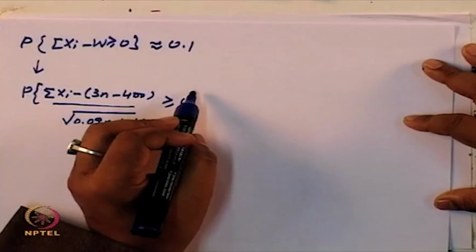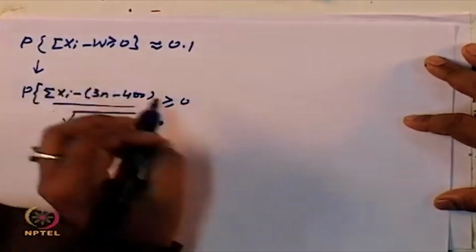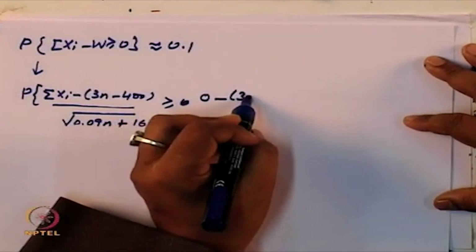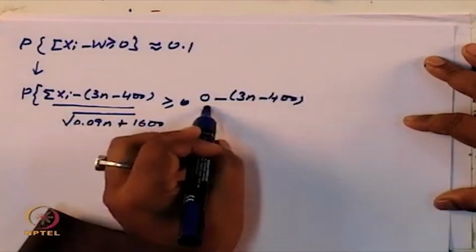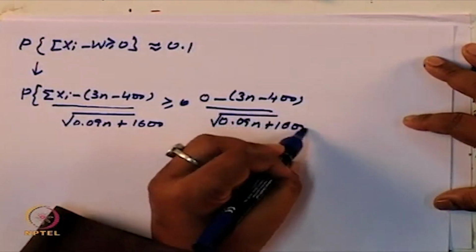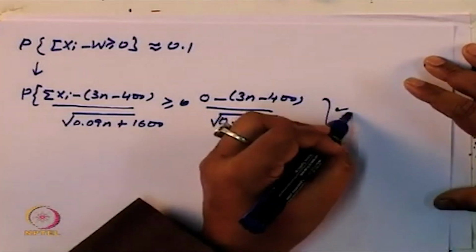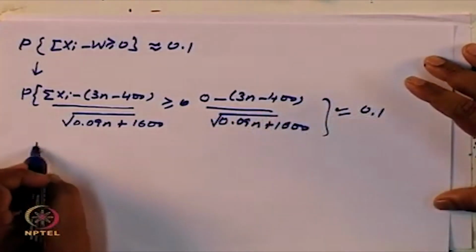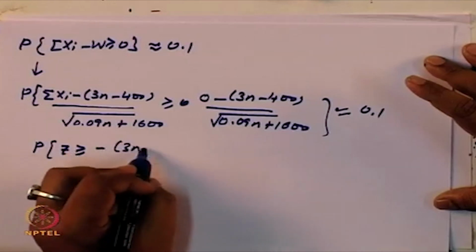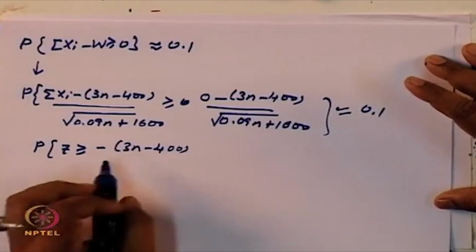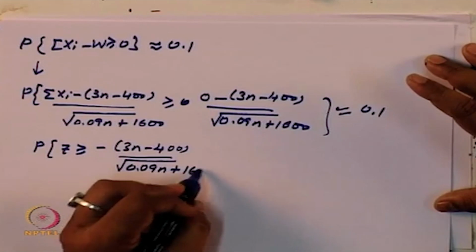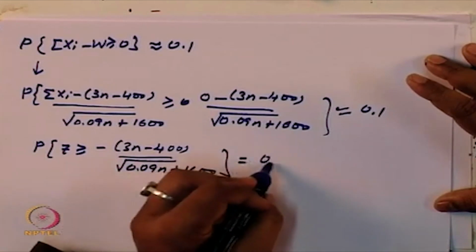P of z greater or equal to 0 minus (3n minus 400) by root of 0.09 n plus 1600. And this we are given is approximately equal to 0.1. So, probability of z greater or equal to minus (3n minus 400) by root of 0.09 n plus 1600 is equal to 0.1.